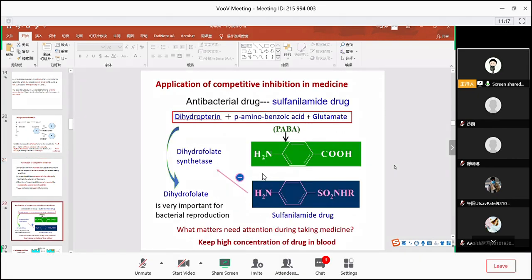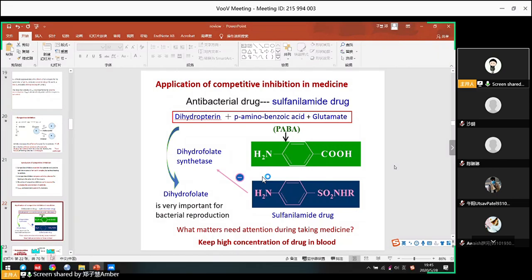In this part, the medical application is the sulfonamide drug. You have to know the mechanism of the sulfonamide drug, because it is a competitive inhibitor of an enzyme, dihydropteroate synthase.